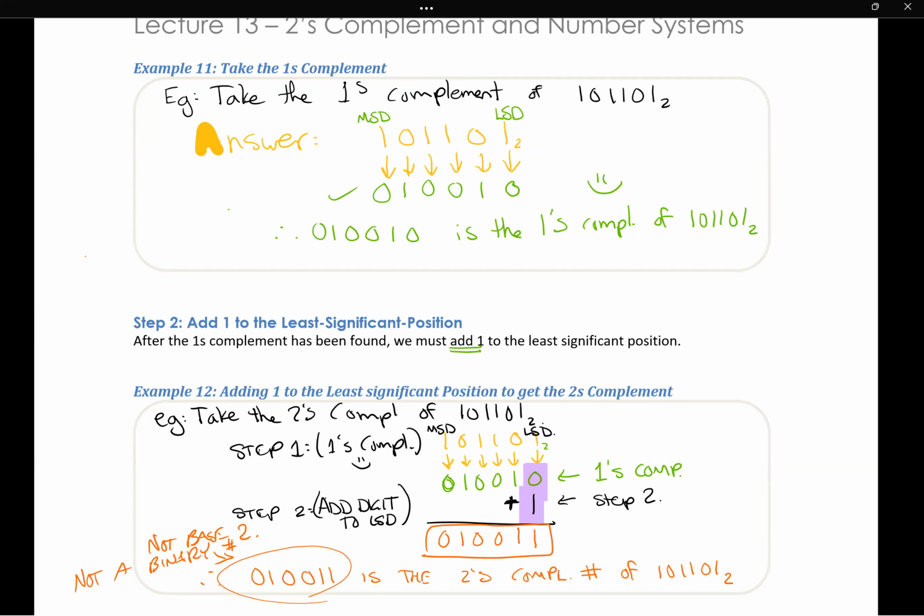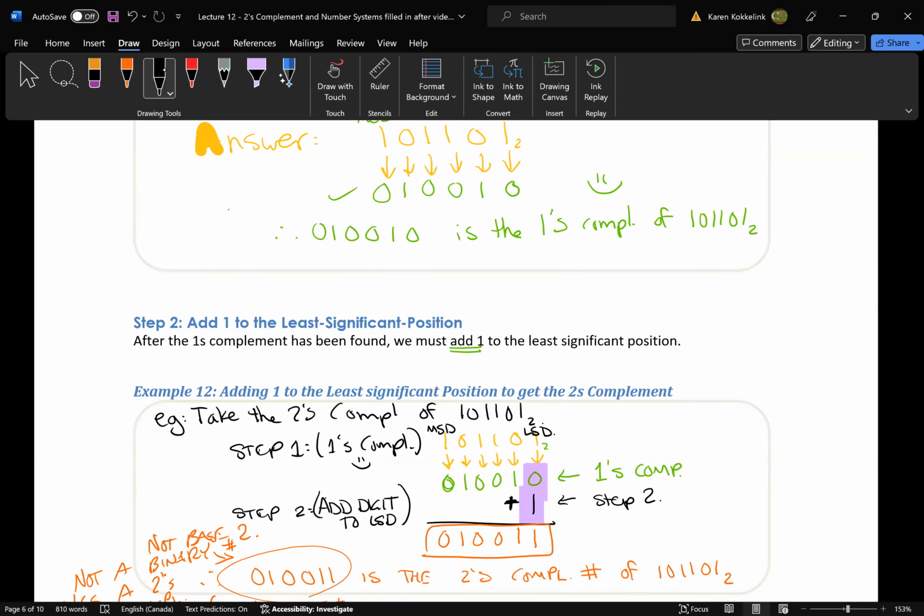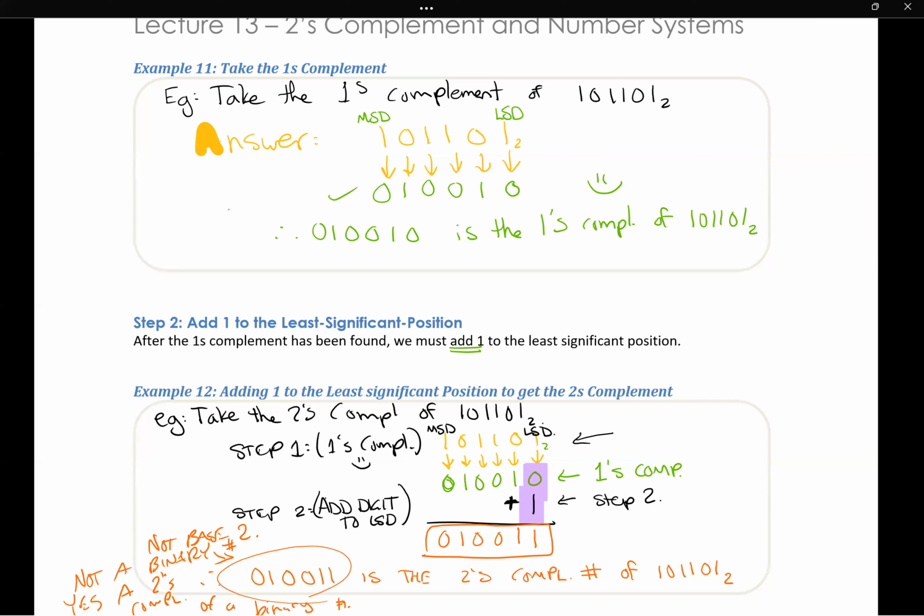This is not a binary number. This is, yes, the 2's complement of a binary number. All right. So this is a binary number. This is the 1's complement of the binary number. This is the 2's complement of a binary number. And that's how we get the 2's complement number, which we can later use in a 2's complement system.